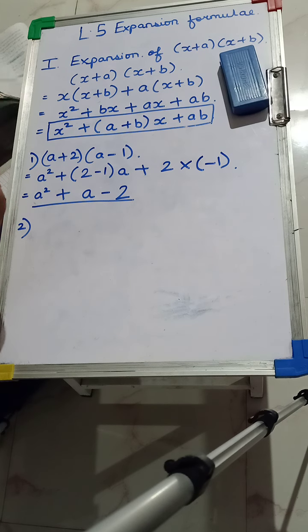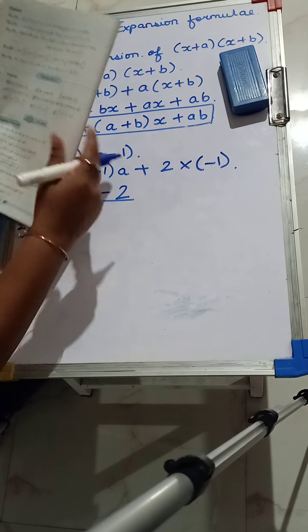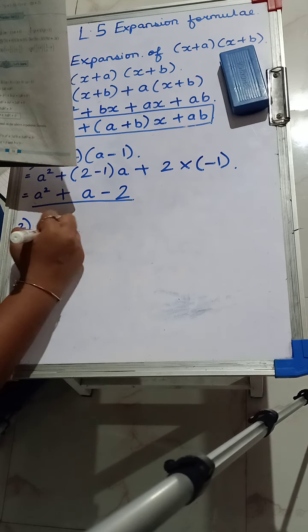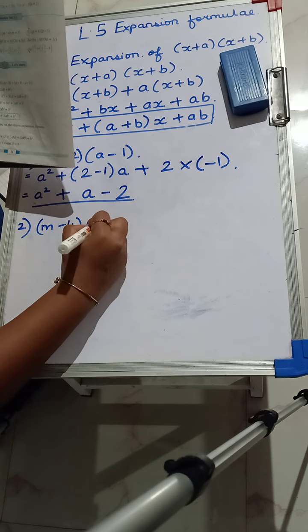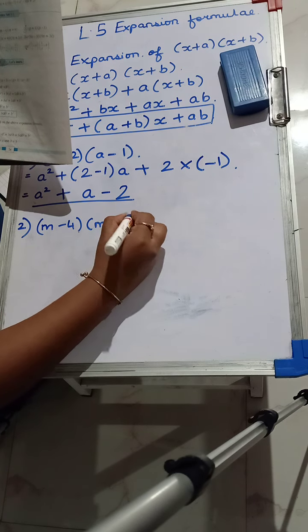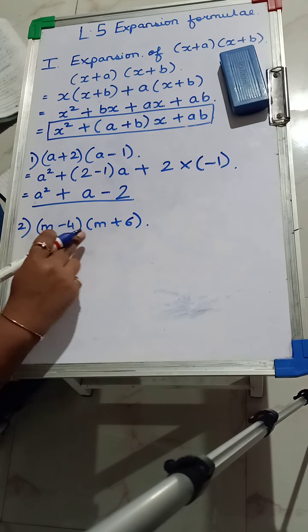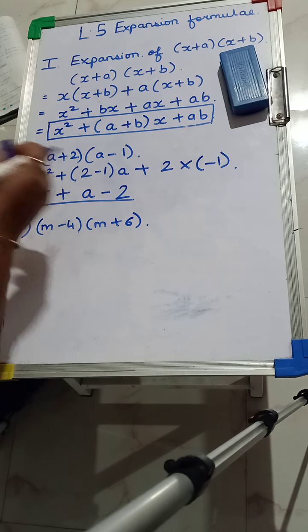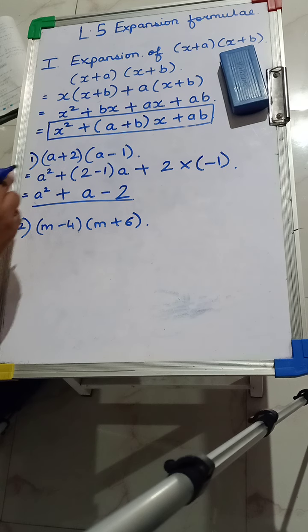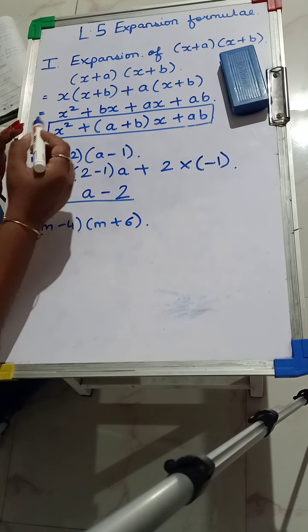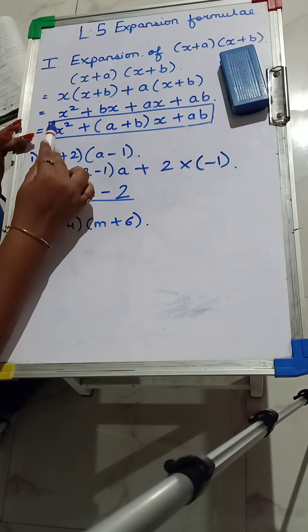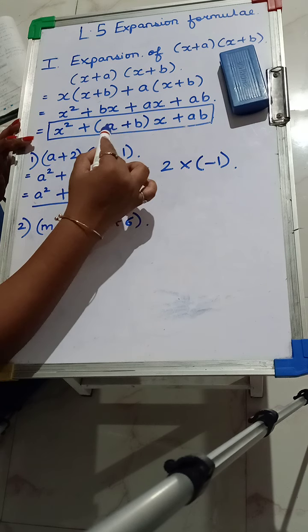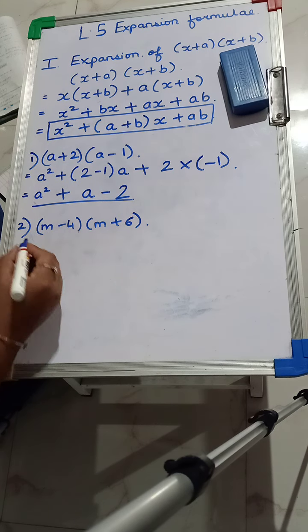Now the second sum that is there, we have m minus 4 and m plus 6. m minus 4 and m plus 6. Same formula we are going to use, that is x square plus (a plus b)x plus ab.